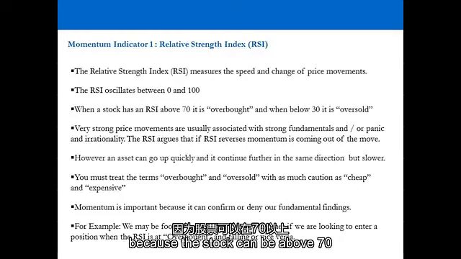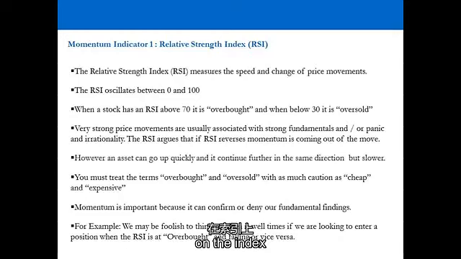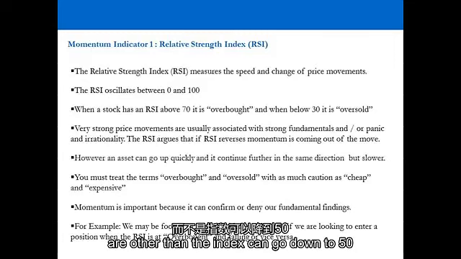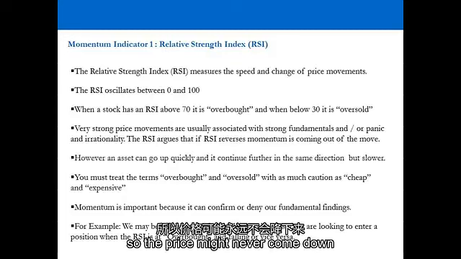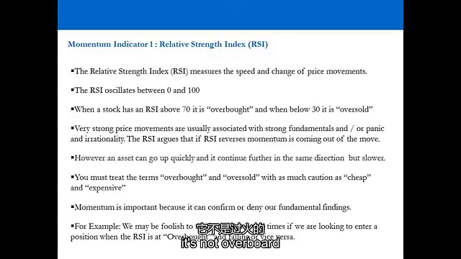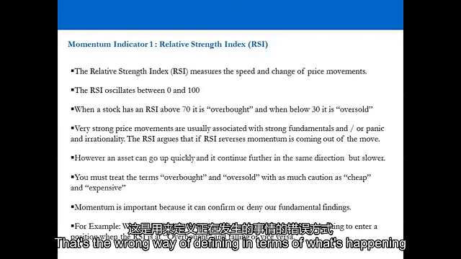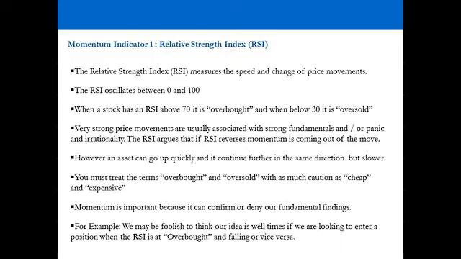Because the stock can be above 70 or even 80 or even 90 on the index and just go sideways in price. And then the index can go down to 50. So the price might never come down. So it's not overbought. And inversely, it's not oversold. That's the wrong way of defining what's happening in words. It's the wrong way of looking at it.